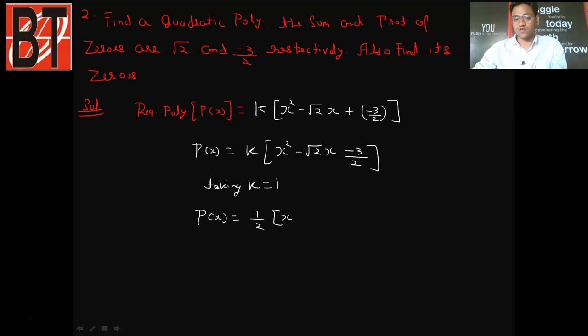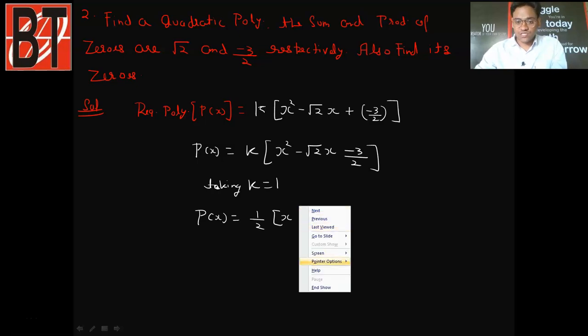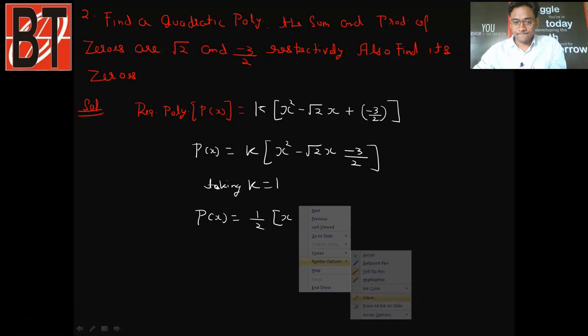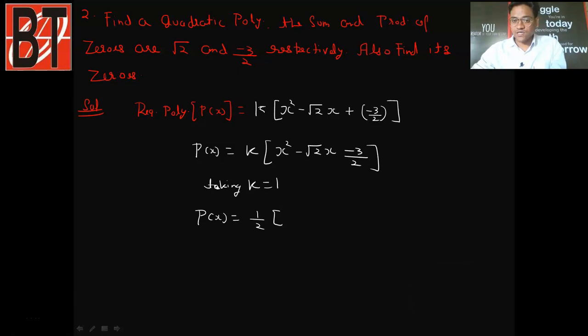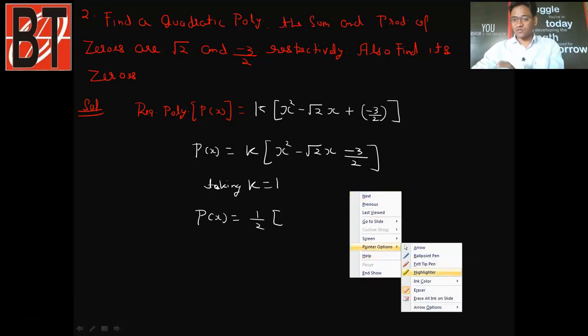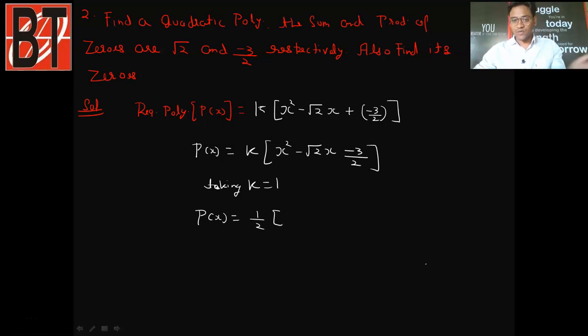It will become 2x square now, because I took 2 as LCM and I also took 2 in the division outside the bracket. So it will become 2x square minus 2 root 2 x minus 3. Clear? Minus 3.